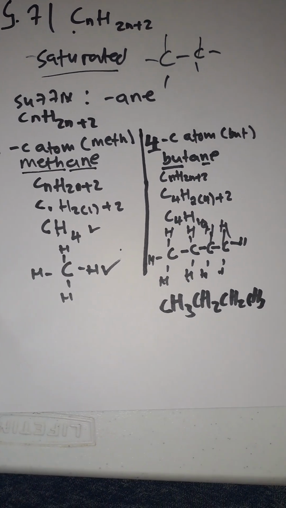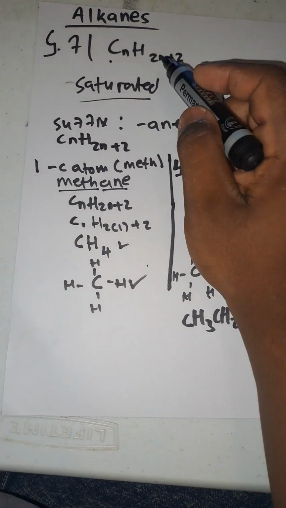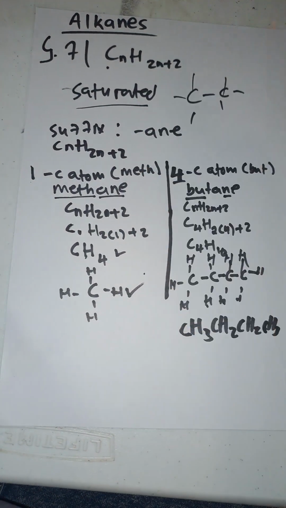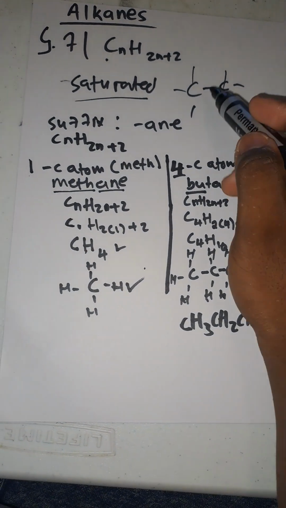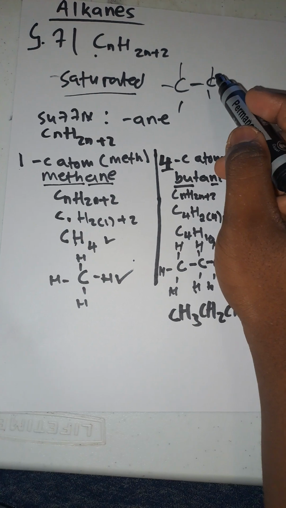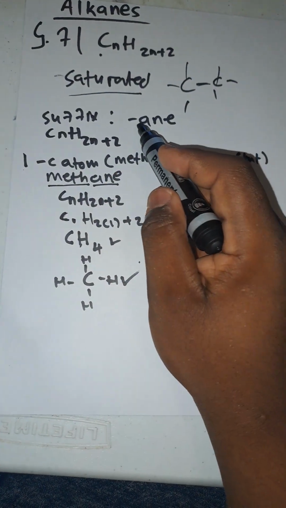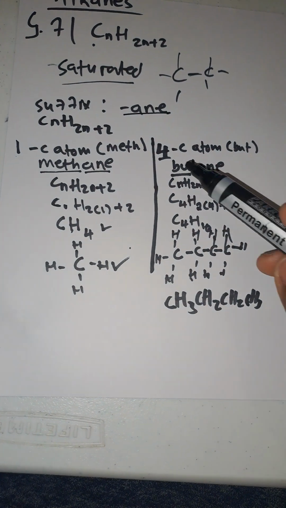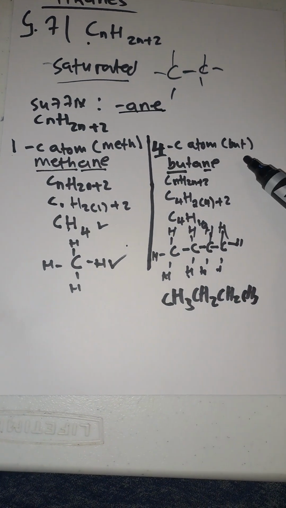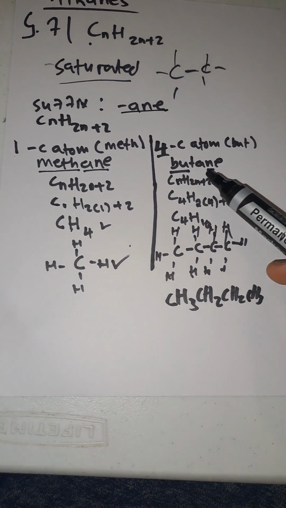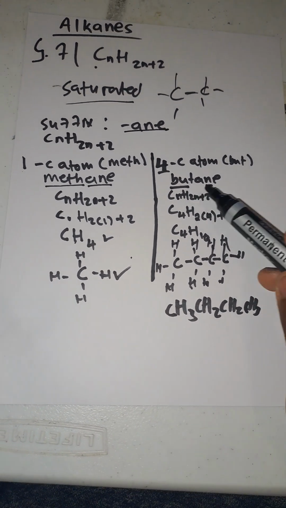Okay, so that is all about alkanes, guys, because these are the things that you must understand. This is the general formula for alkanes: CnH2n+2. And alkanes are saturated compounds. They do not have double bond lines. They only have single bond lines between their carbon atoms. The suffix for alkanes is -ane. I made a few examples: if I have 4 carbon atoms, the stem name for 4 carbon atoms is but, so it is going to be called butane.